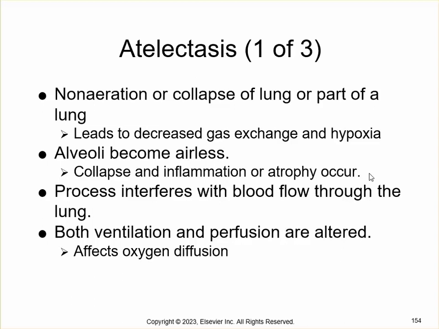When that part of the lung collapses, there's obviously not going to be any gas exchange there, and it leads to systemic hypoxia. The alveoli, because the walls of the interstitium are elastic, unless there is a positive pressure, just like a balloon, they deflate. And so the alveoli lose their air.